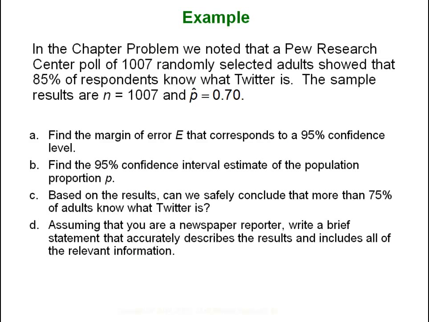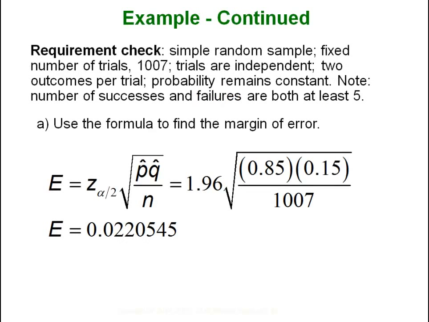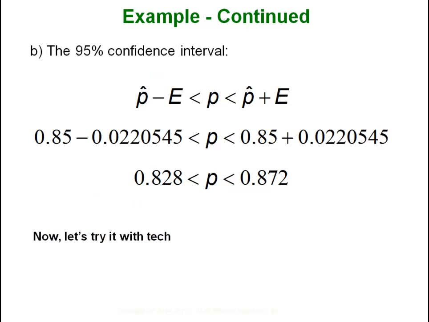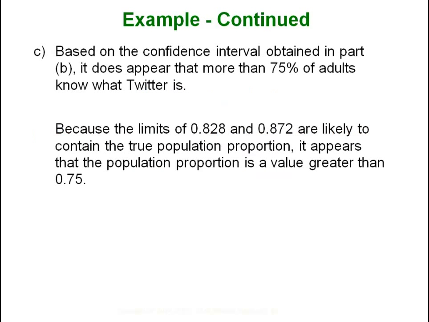So you can run through this example if you want. I've put the actual work on the slides as if you were doing it by hand. I would do it by technology if I was you. In fact, run this example in technology and make sure you get the same answers. Here's how we interpret it, because there were a couple questions on this example other than just finding the results.